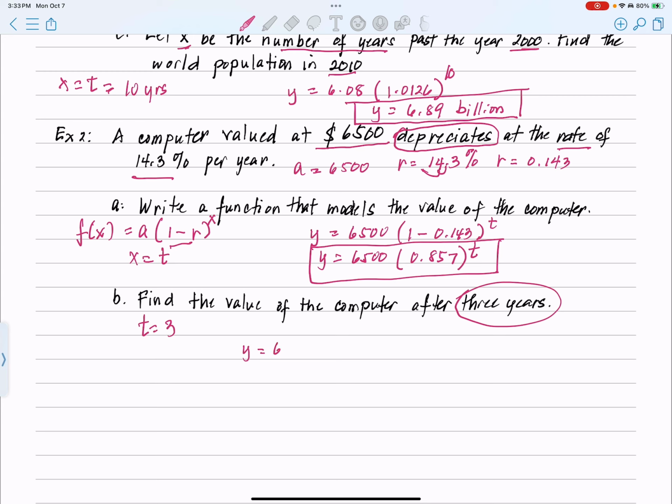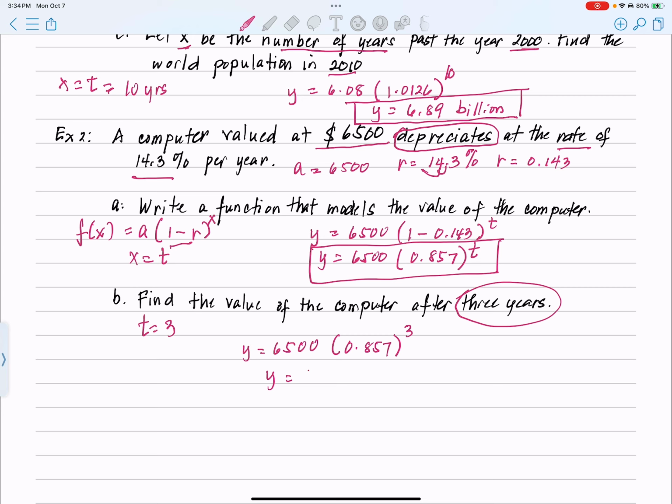So let's have 6,500 times 0.857 to the power of 3. You can multiply 0.857 to the third power, then multiply 6,500, or you can do it in the calculator directly. And you come up with an answer of 4,091.25.